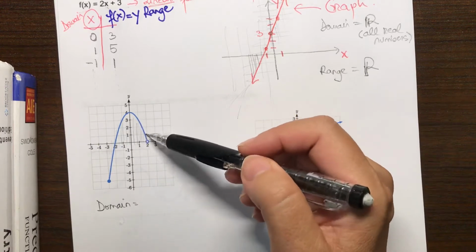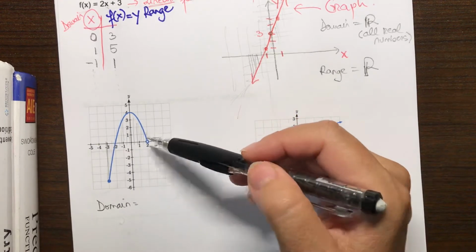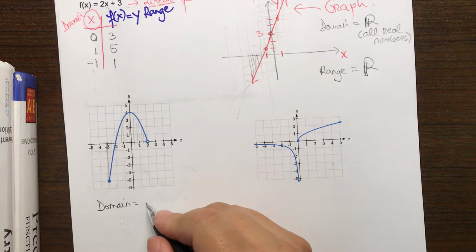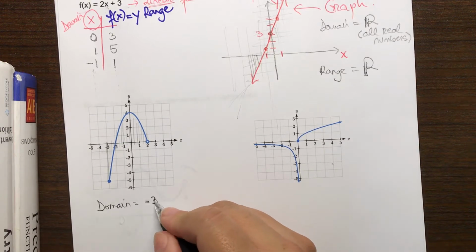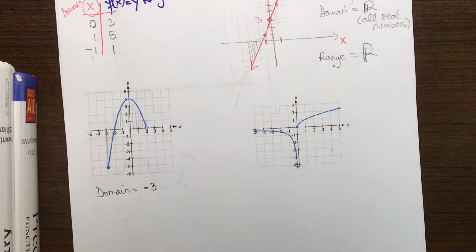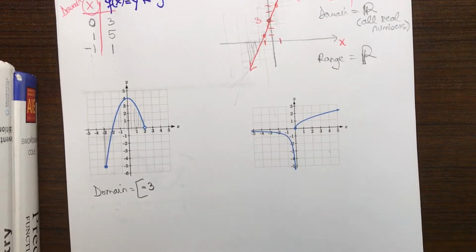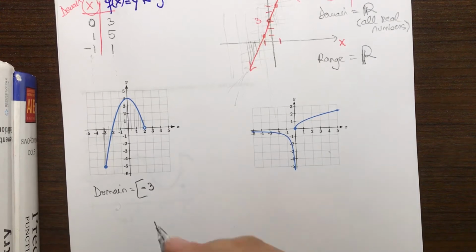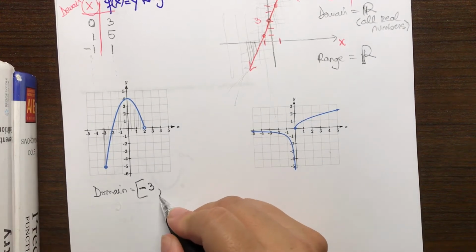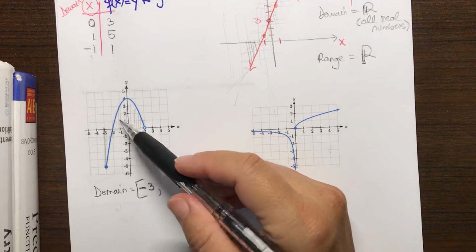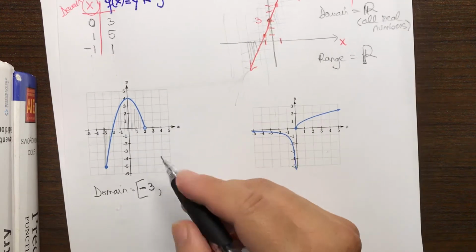So this graph stretches only from an x of what? -3, right? That's the first value in our domain, yes? And by the way, that value is included. So what we do is we put a square bracket for that. And then how far does the domain stretch? It stretches all the way to 2.